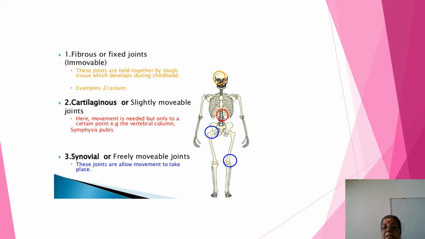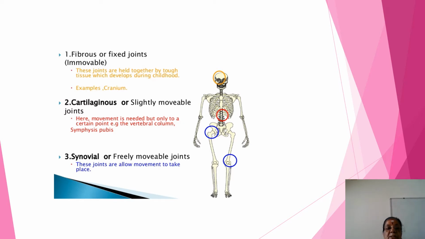So first, immovable joints. Typical example, skull. Now what is the skull made up of? I said the skull is made up of 22 bones, where 14 are facial bones and 8 are skull bones. Skull bones are frontal, parietal, temporal and occipital. I hope you are listening. And then slightly movable joints. Here movement is needed only to a certain point.